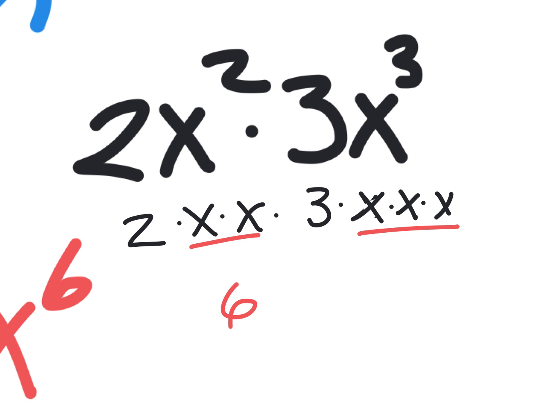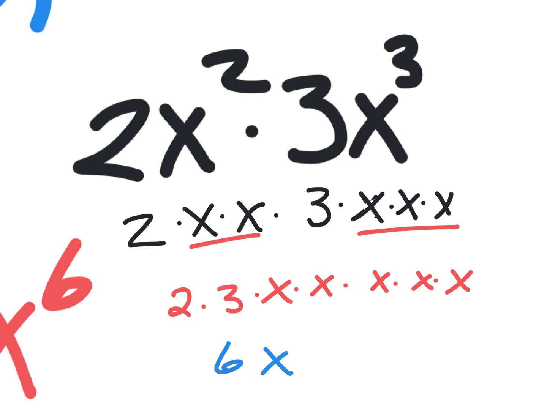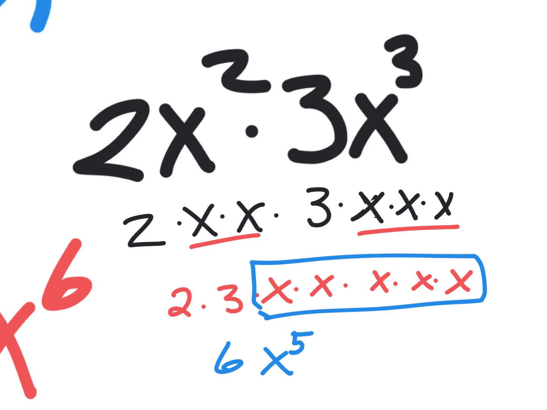I'm just going to put them all next to each other because some of you guys are still not confident. So I'm going to rewrite this as 2 times 3 times x times x times x times x times x. Doesn't that make it really obvious? 6x to the, what is that? It's to the 5th. It's not to the 6th.